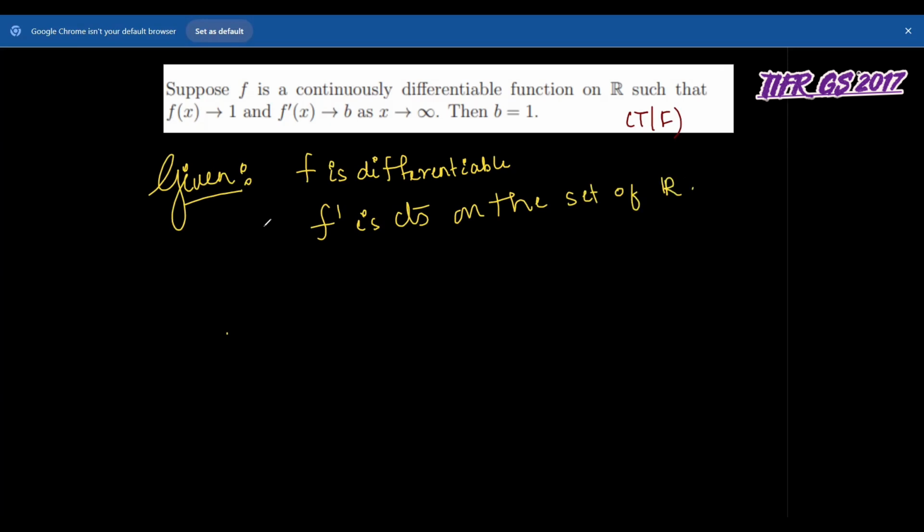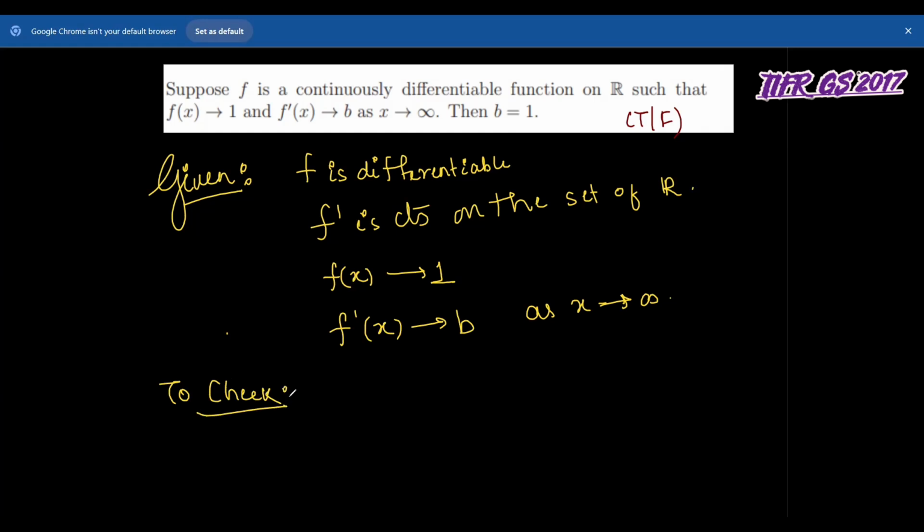And again, it is told that f of x converges to 1 and the derivative converges to b as x tends to infinity. Now, is the value of b equal to 1?